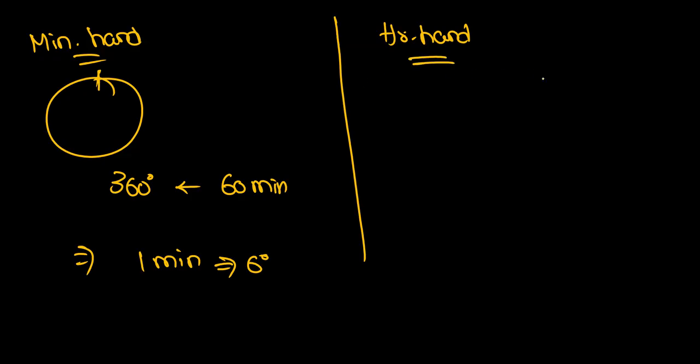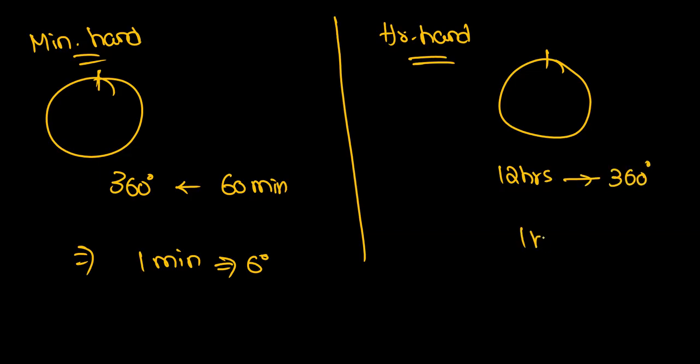You already said half of this part. For completing one full cycle, 12 hours is 360 degrees. 1 hour is 30 degrees. And a very important point we discussed earlier: the hour hand is also affected by the minutes. At 4 o'clock, the hour hand is at 4.